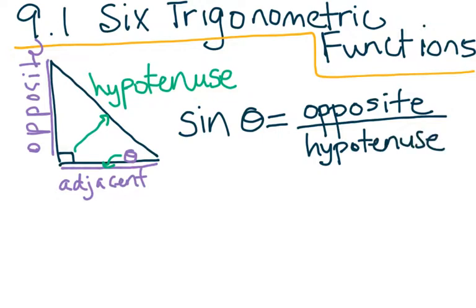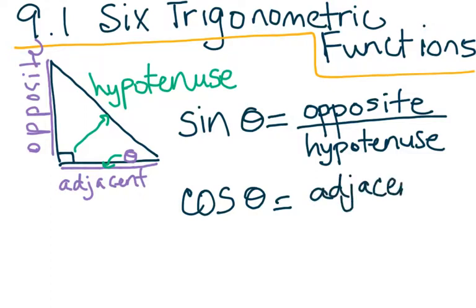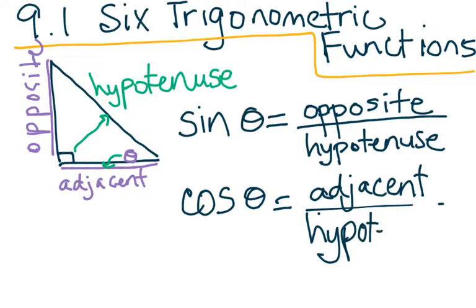We're also going to have another one called cosine, and again, we're going to abbreviate it. Cosine is where we write the length of the adjacent side divided by the hypotenuse. As you can see, they're just ratios, one number divided by another number.